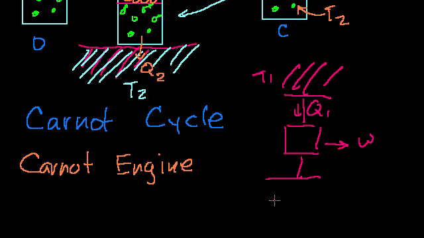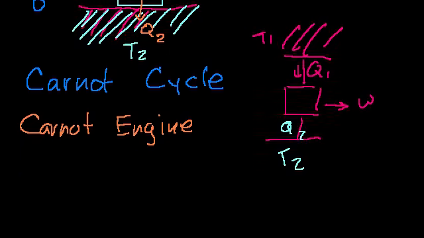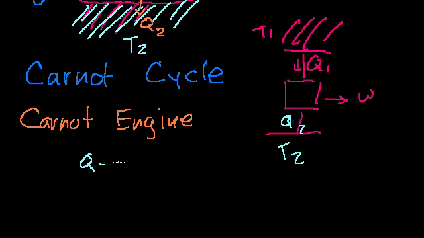And then it transfers Q2, essentially the remainder from Q1, into our cold reservoir, T2. So the work we did is really the difference between Q1 and Q2. If I have more heat coming in than I'm letting out, where did the rest of that heat go? It went to work. Literally. So Q1 minus Q2 is equal to the amount of work we did.